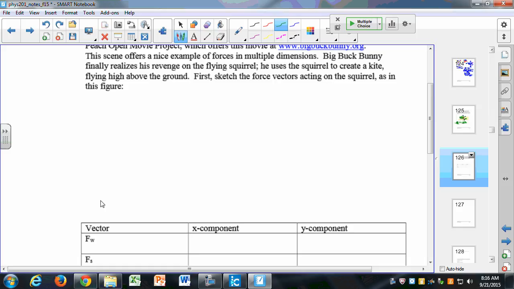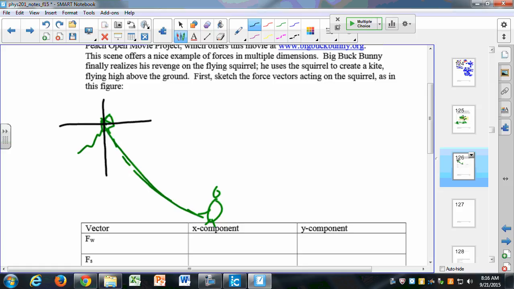You get the situation where you have the squirrel up in the air, and he's flying like a kite. He's attached to a string where he's being held by the big bunny. If we imagine the forces acting on him, I have a couple of different forces. Here I'll draw my coordinate system. I have the force due to the string, I'll call this Ft.